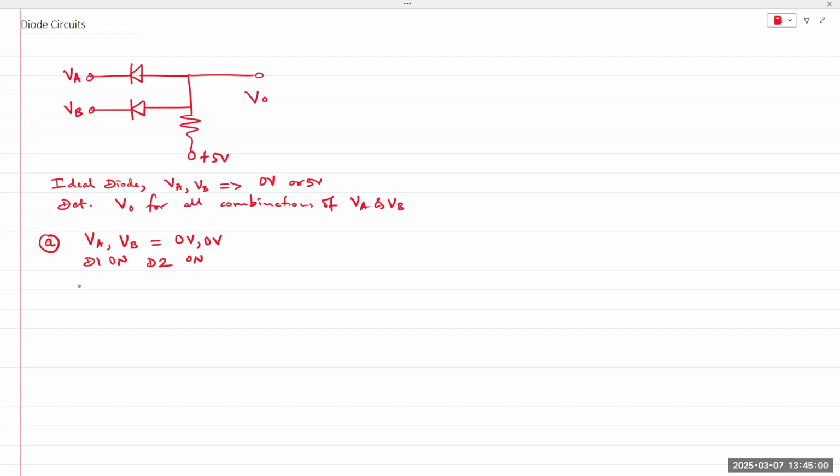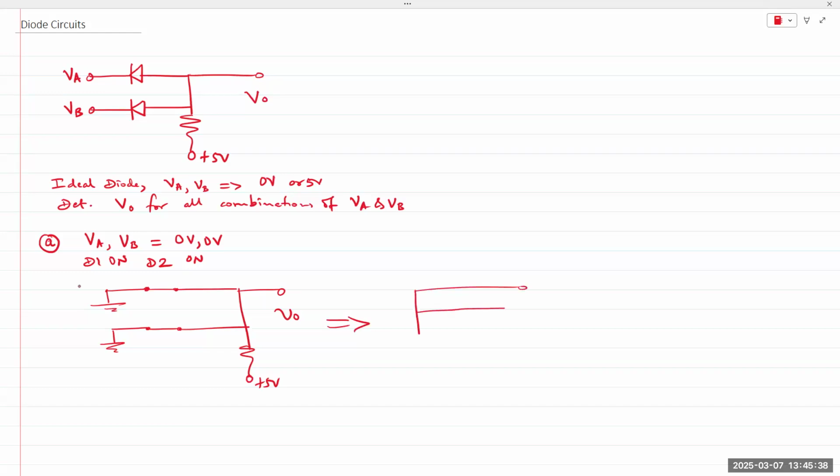I can redraw the circuit like this. Zero volts, D1 is connected there, D2 is connected there, plus 5 volts, V out.